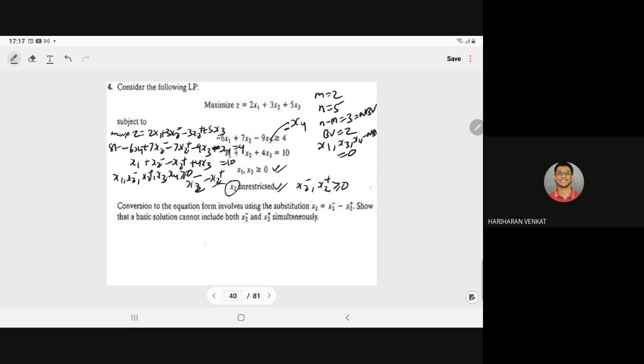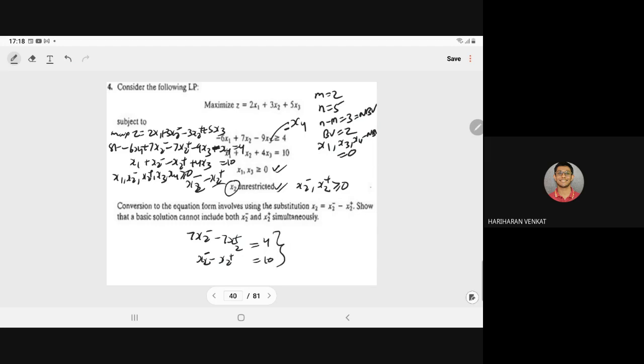When these are equal to 0, our equations reduce to 7x2 minus 7x2 plus is equal to 4, and the other equation will be x1 plus x2 minus x2 plus is equal to 10.